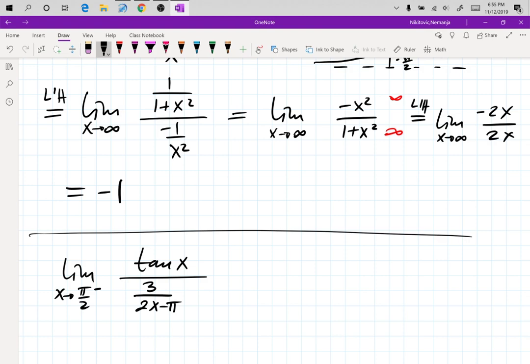You got this. So that's x goes to pi over 2? From the left, yes. The minus sign means from the left.